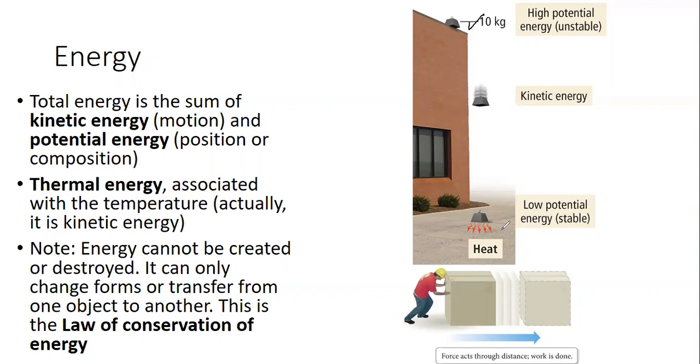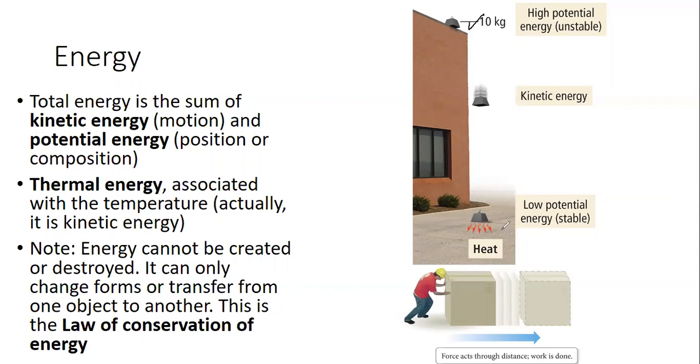When we drop the weight, it's now moving and it's transformed into kinetic energy. When it hits the ground, that energy is transferred into the concrete. The concrete atoms will vibrate very fast when they're hit with that weight.